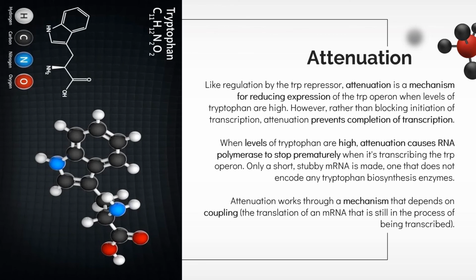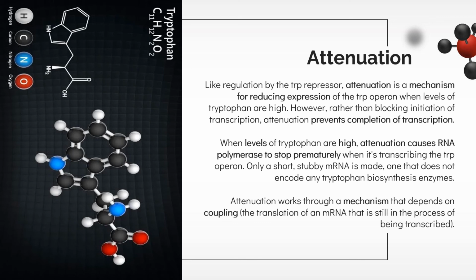However, rather than blocking initiation of the transcription, attenuation prevents completion of the transcription. So when the levels of tryptophan are high, attenuation causes RNA polymerase to stop prematurely when it's transcribing the trip operon. Only a short stubby mRNA is made, one that does not encode any tryptophan biosynthesis enzyme.